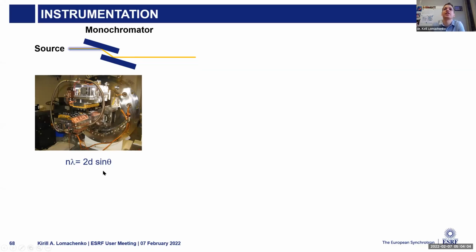So by changing the angle of these two crystals as a whole, since the crystals should remain parallel most of the time, you change the energy of the reflected beam. And like this, the energy scanning is done.